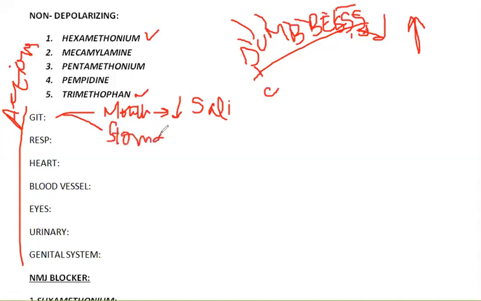Then come to stomach. There are two things that will happen. Number one, the production of gastric acid, that is HCl, will decrease. When HCl production decreases, the emesis effect will not occur. When you were taking agonist drugs, you were having vomiting, but with these antagonist drugs the patient will not have that feeling of vomiting.